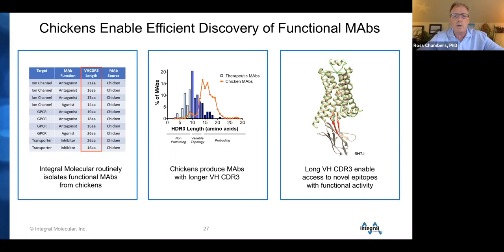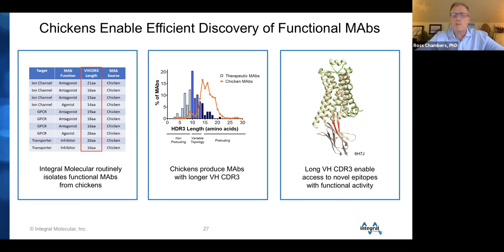But I want to highlight one other feature that we think helps the success rate, and that is that chickens also produce antibodies with longer CDRH3s. And why this is important is that antibodies with longer CDRH3s form a protruding topology, and that enables them to access these pockets where functional sites often are.